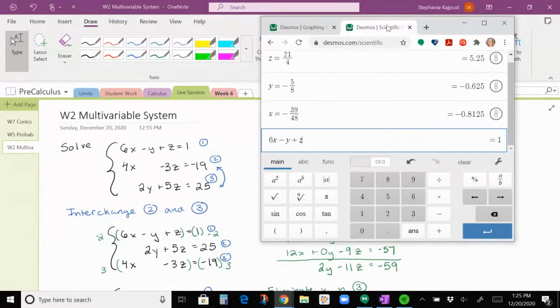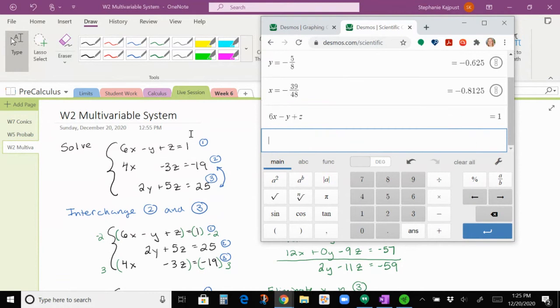So it works if you're in the scientific calculator; the graphing part just doesn't like it. Using those x, y, and z values that I solved for, the first equation did give 1, which is what we want on the right side. So that verifies. Then let's check the second equation, 4x minus 3z equals -19. That equals -19, so that's correct.